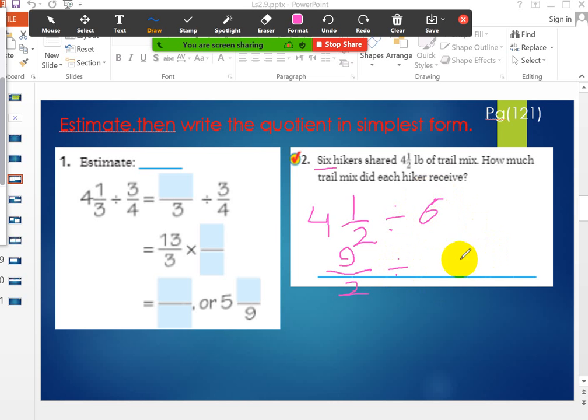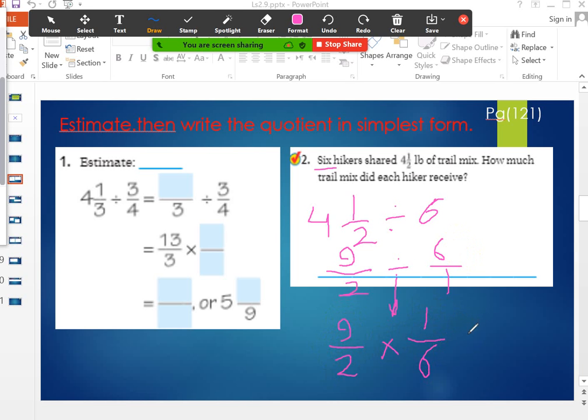If I want to write it as a fraction, it will be 6 over 1. So the denominator will be 1. Now, to convert from division to multiplication, I have to write the inverse of the divisor. That means 9 over 2 multiplied by 1 over 6.